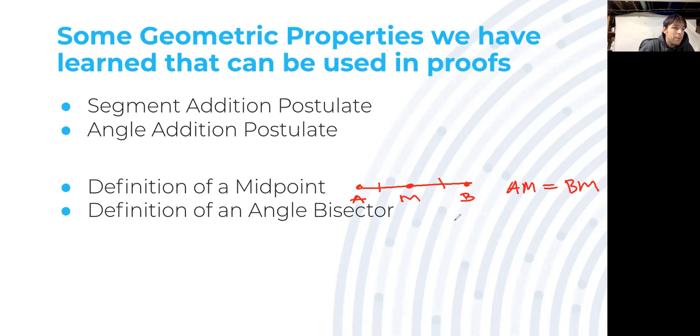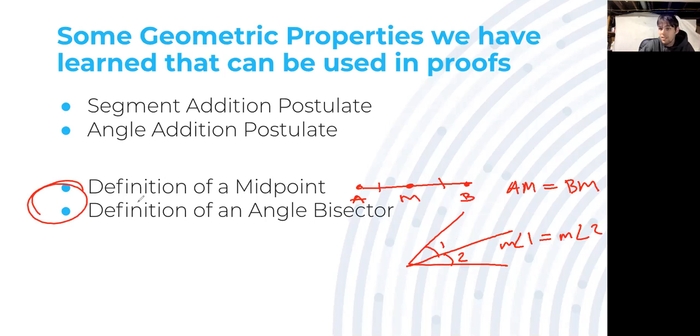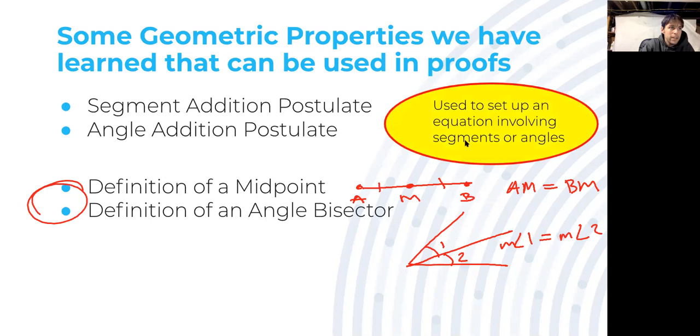And the definition of an angle bisector, remember an angle bisector is when you have a line that cuts an angle in half. It's saying that these two angles here and here are equal. So the measure of angle 1 is equal to the measure of angle 2. Since these help us set up an equation, we might use these two concepts here to set up equations. The segment addition postulate and angle addition postulate are used to help us set up an equation that involves either angles or segments.